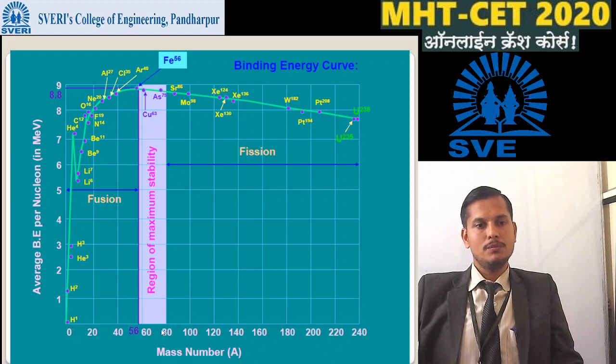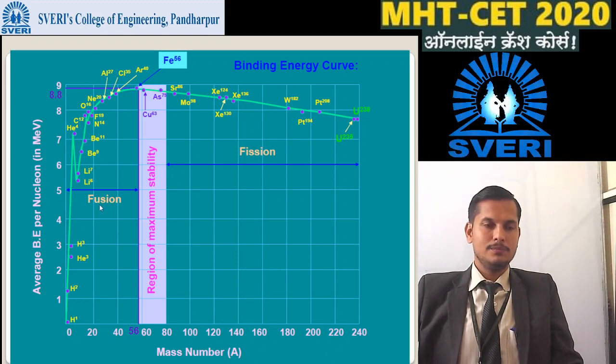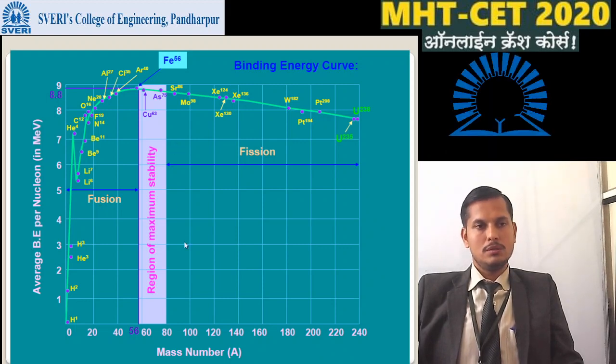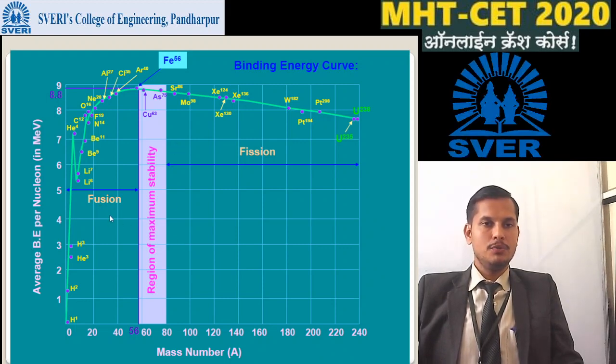After that, from 60 to 80 if we consider, it slowly decreases as atomic mass number increases. This is because, as the atomic mass number increases, initially the energy increases, but as repulsion takes place, afterwards the binding energy slightly decreases.